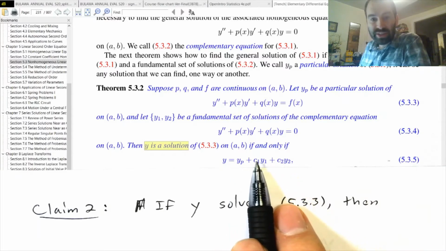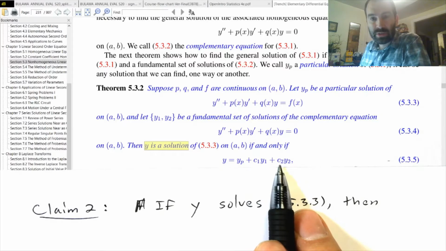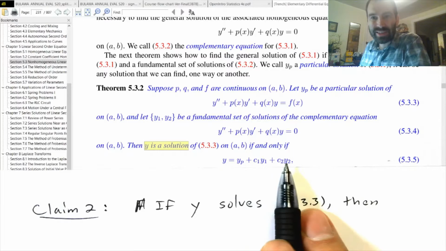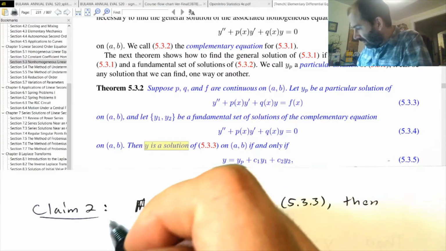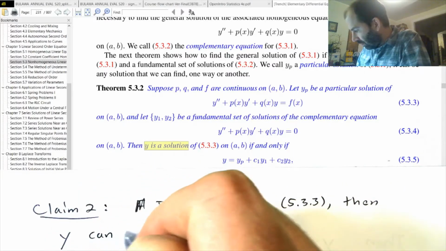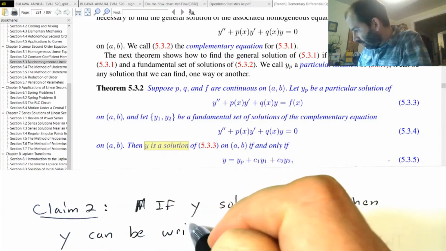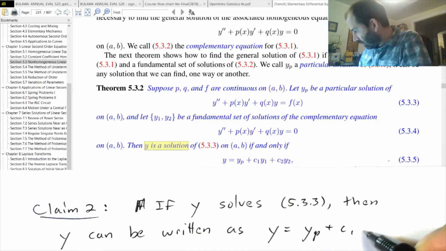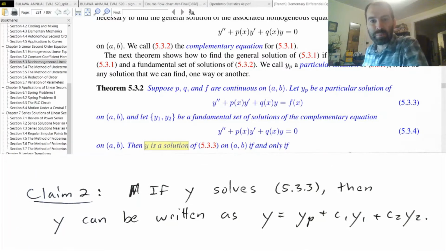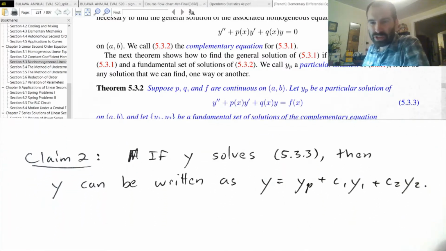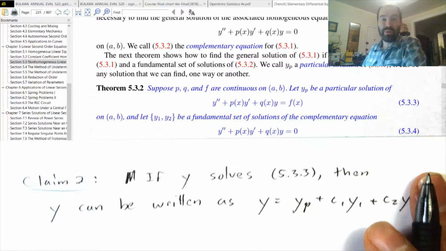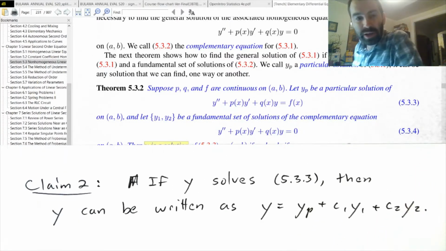So in other words, there exist constants c1 and c2 and a particular solution and these guys, so that y can be written as this. To be more explicit, I should say where, and then write down what all these things mean, but we know what they mean from the context of the theorem.